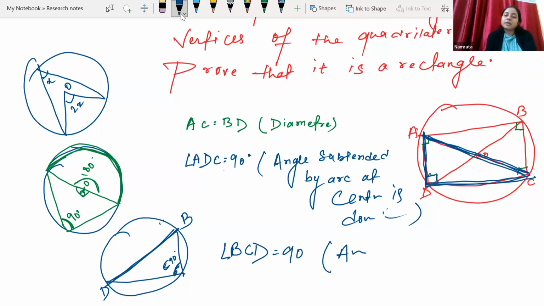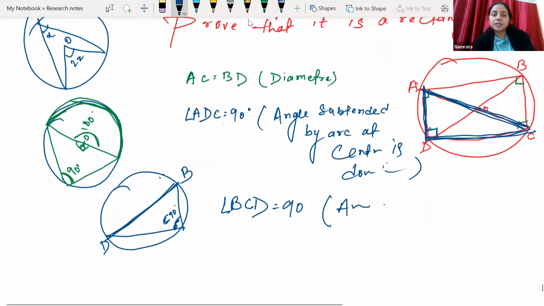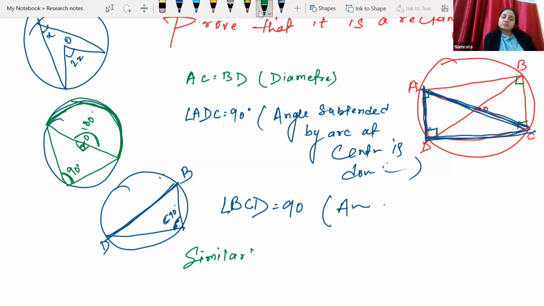Again, angle subtended by an arc at the center will be double of the angle subtended by the same arc on the remaining part of the circle. So this way, can you see we ended up getting interior angles as 90 degrees. Two we have got 90 degrees. Similarly, angle B and angle A will also be 90 degrees.